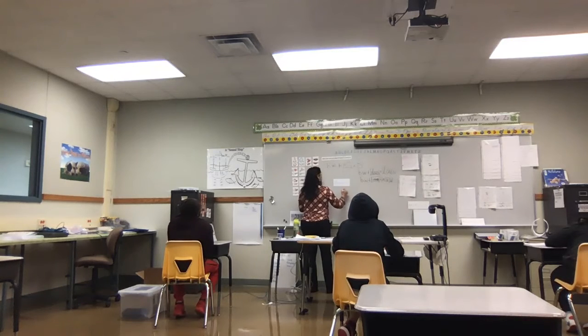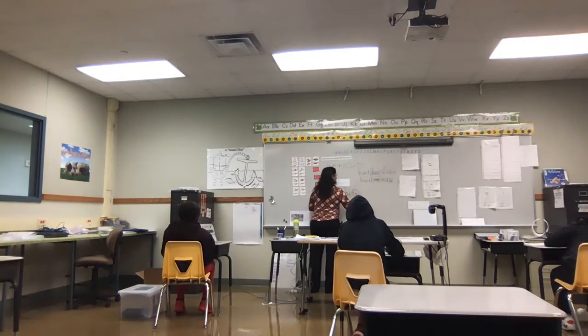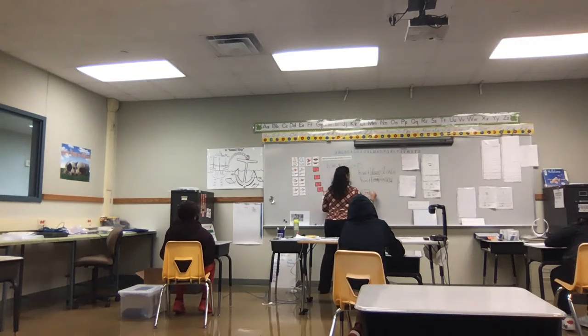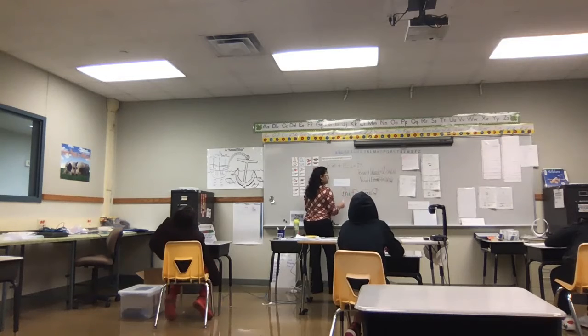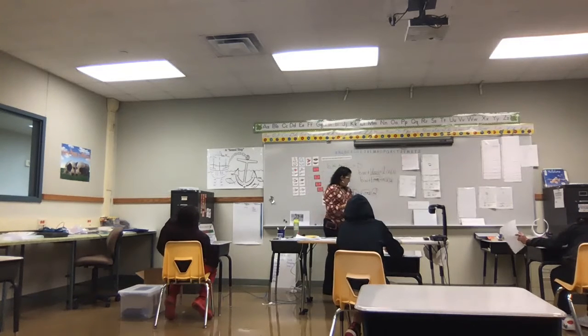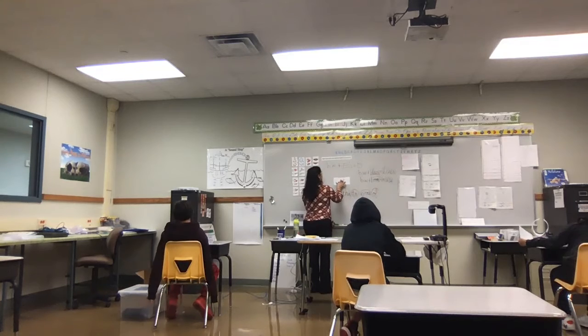Our instant words are: are, T-H-E, the, T-O, to, W-A-S, was, and O-F, of. So we have instant words the, to, was, and of. All right, now before we do, there are some things we need to go over.